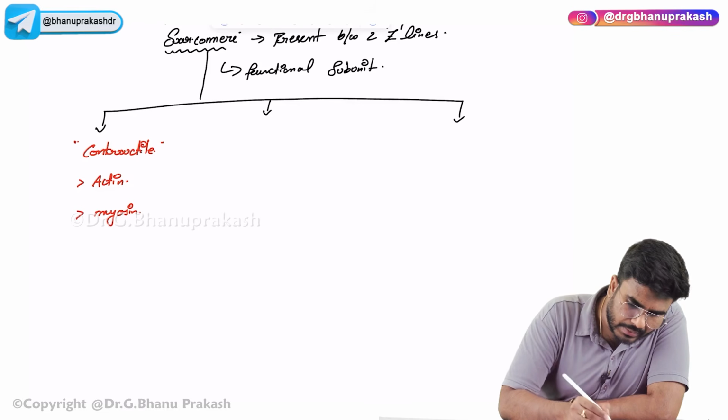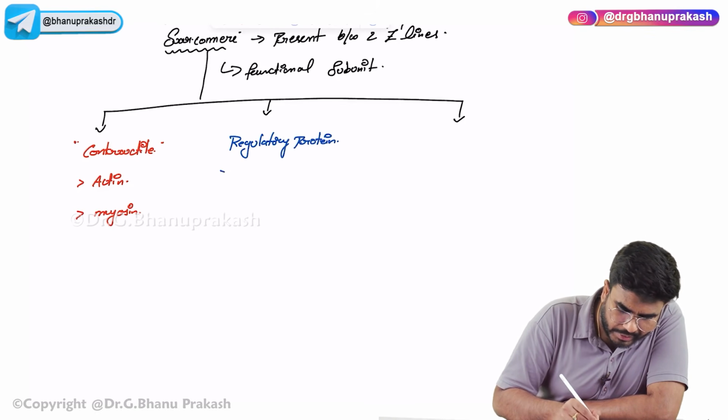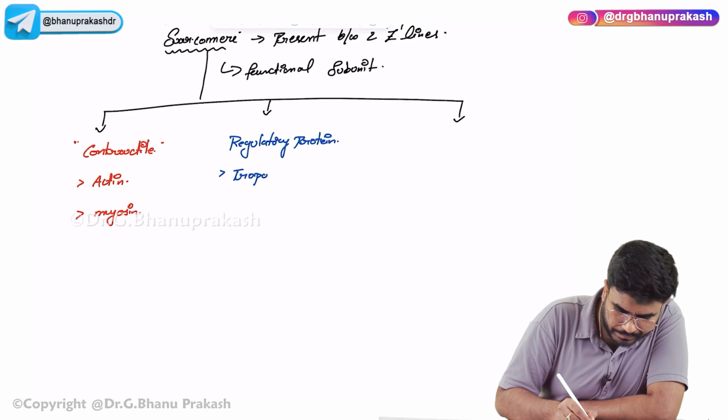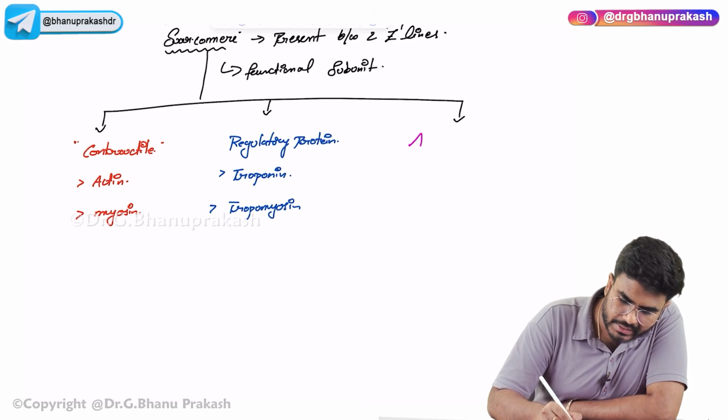Next, there are regulatory proteins present. What are the examples of regulatory proteins? Troponin and tropomyosin. And also there are anchoring proteins present inside the sarcomere.